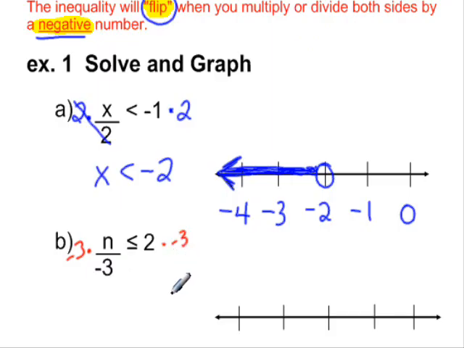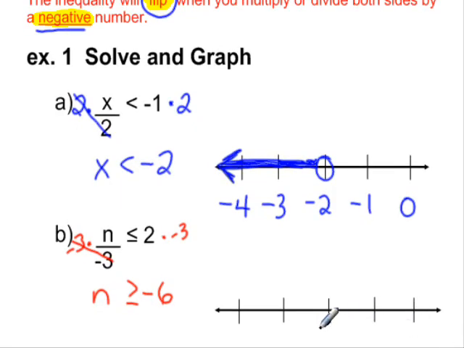We are multiplying by a negative 3, so instead of writing less than or equal to, this time we're going to write greater than or equal to. On the left side, the negative 3's will disappear, leaving us with an n, and 2 times negative 3 is negative 6. So we have n is greater than or equal to negative 6.